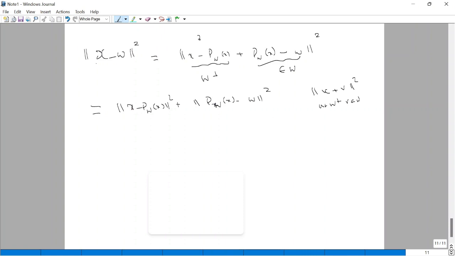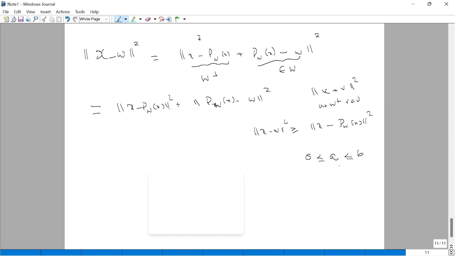Therefore, the distance squared between x and w is the distance squared of x with PW of x plus some non-negative quantity, right? And therefore, this shows that the norm of x minus w whole squared is greater than or equal to the norm of x minus PW of x whole squared. And remember, this we had already used many times.